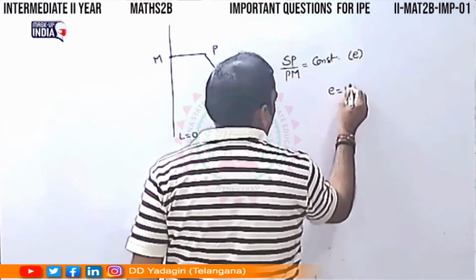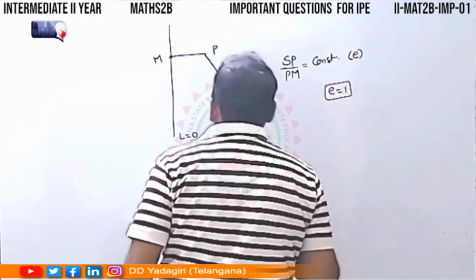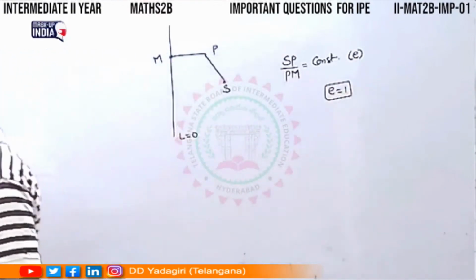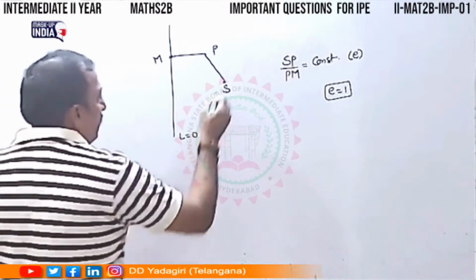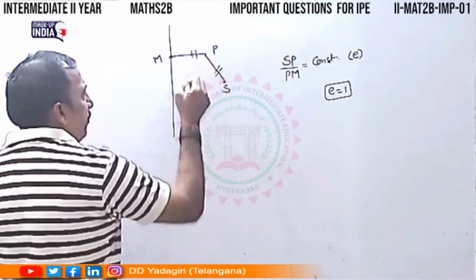If E is equal to 1, the conic is called a parabola. That means E equal to 1 means SP is equal to PM.